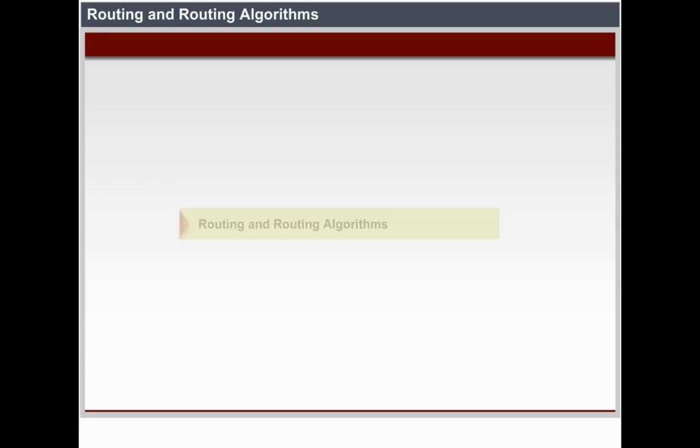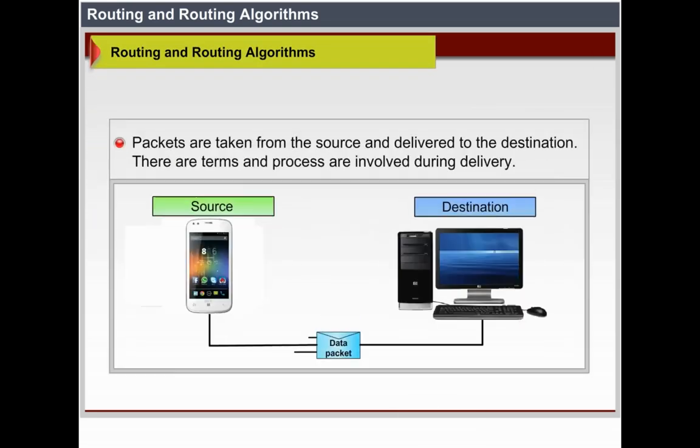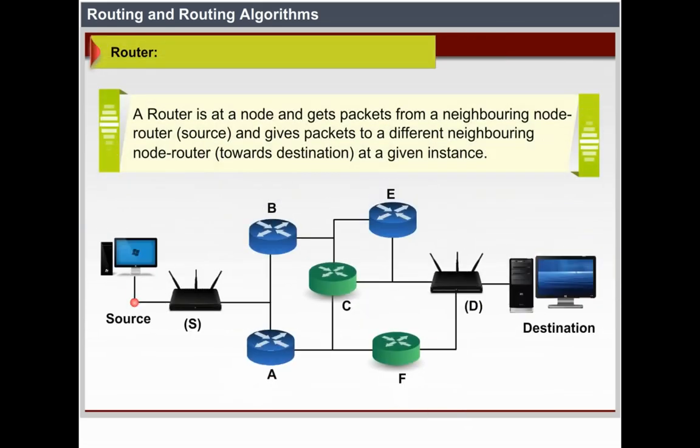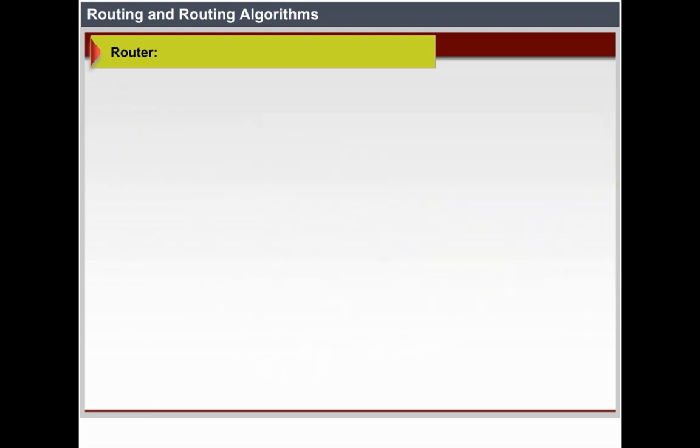Routing algorithms. Router. Terms and process involved in sending packets from a source to a destination. A router is at a node and receives packets from a neighboring node router source and forwards packets to another neighboring node router towards the destination at a given instance.